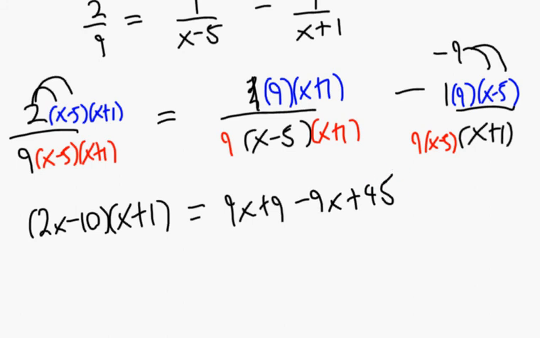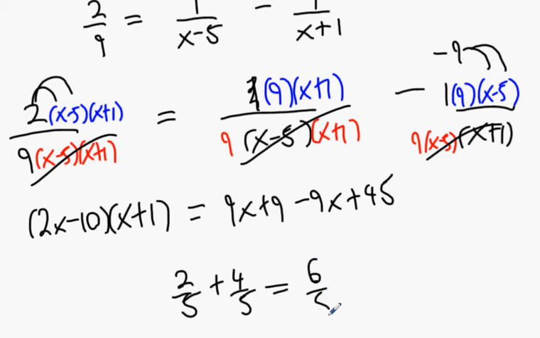Now, what we're going to be doing next is multiply this out. Some of you are probably wondering, what happened to the bottoms? I'm just about to cancel them. The reason I'm able to cancel them is this: if I had 2 over 5 plus 4 over 5 equals 6 over 5, a balanced equation like that, what can I do with the denominators?